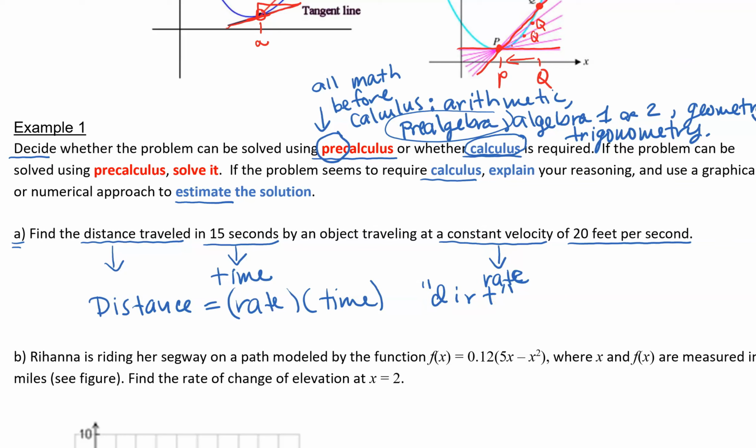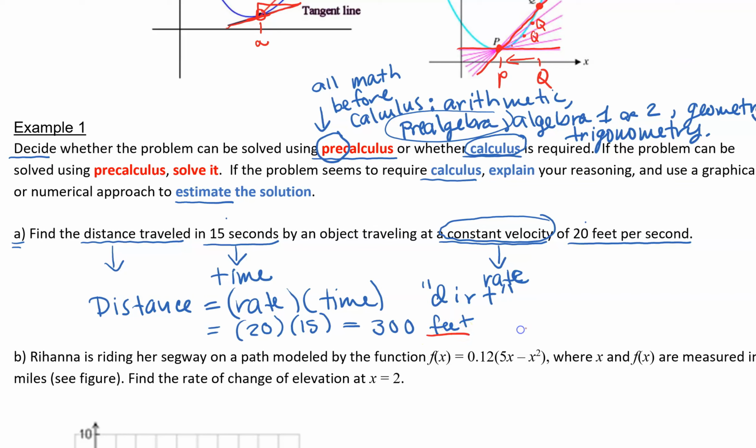This is very basic, and since we have all the information we need and the velocity is a constant velocity, I can just multiply the 20 by the 15 to get my distance. So just using simple arithmetic and pre-algebra, I can see that this object traveled 300 feet in that 15 seconds of time, because it's covering 20 feet every second. For 15 seconds would be 300 feet.